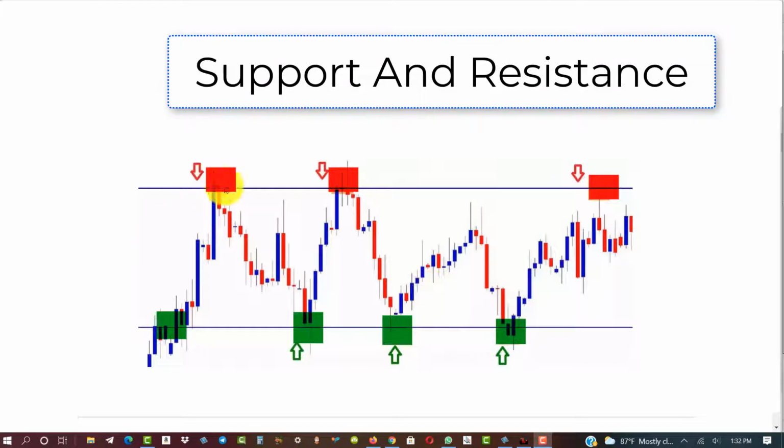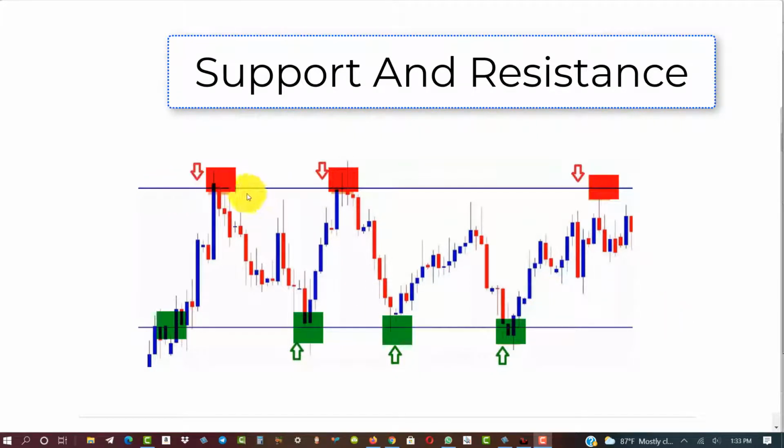You can see price came here, reacted to it, went back up, came back to the same zone, reacted to it, went back again on the same zone, and so forth. That is resistance and support, areas where price has reacted in the past, and you expect price to react to the same very areas in the future.